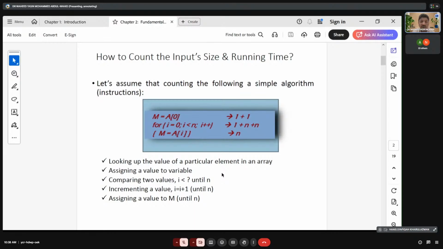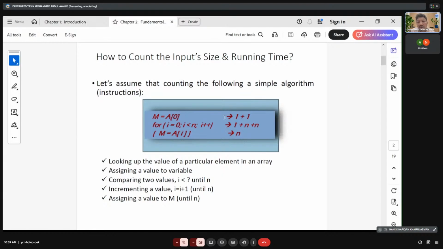Looking up the value of a particular element in an array, assigning a value to a variable, comparing two values, i less than something until n, incrementing the value i plus 1, assigning a value to m until n. Here we want to count how many.